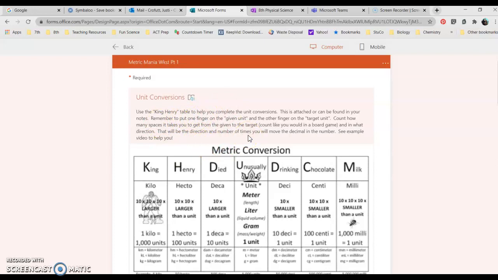That's the number I give you in the problem. Then put your other finger on the target unit. That's the unit I'm asking you to find. Count how many spaces it takes to get from the given to the target, and count like you would on a board game. You're not going to count where your finger already is. The number of times, and in what direction, is how you move the decimal in the number of the given.